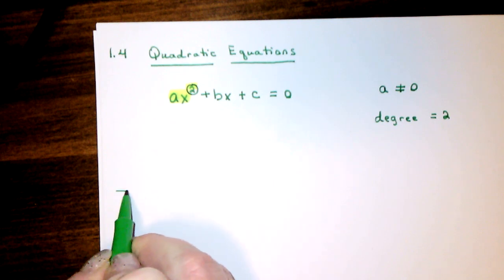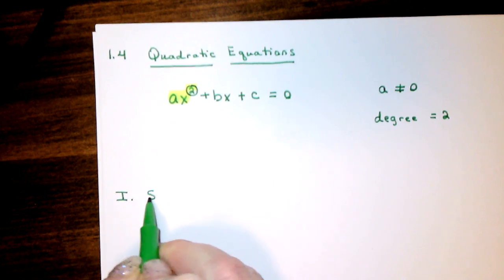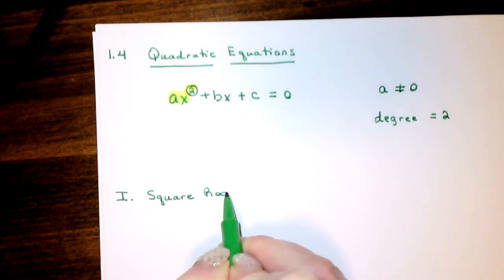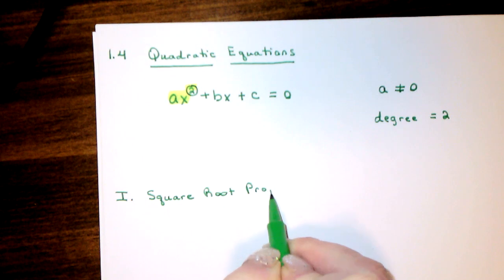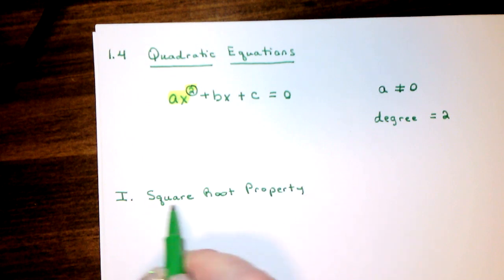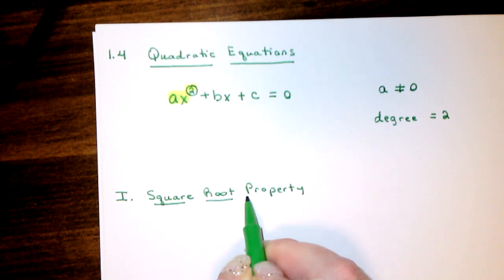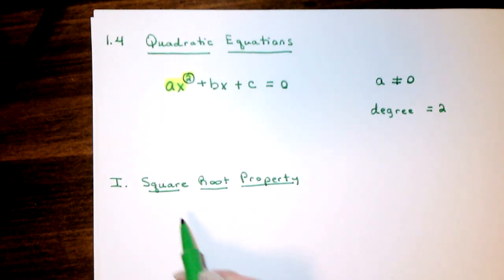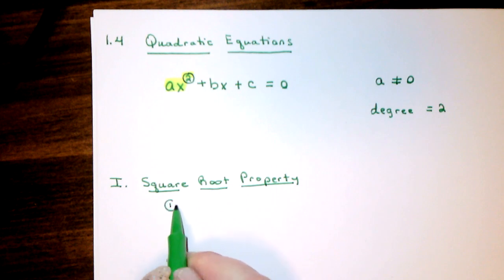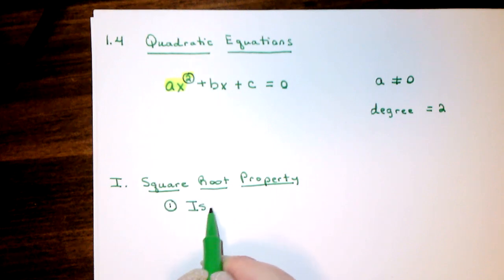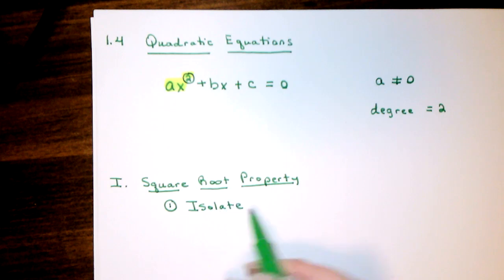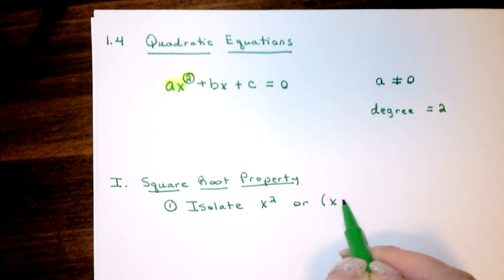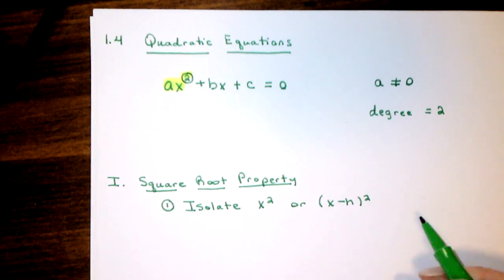What we're going to do is pick up with one way, which is the square root property. Now, in the square root property, whenever you use this, there's going to be 3 steps. You want to isolate the x squared, or it could be written as a quantity squared.